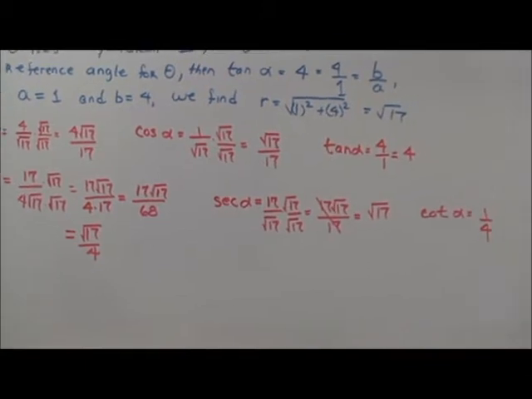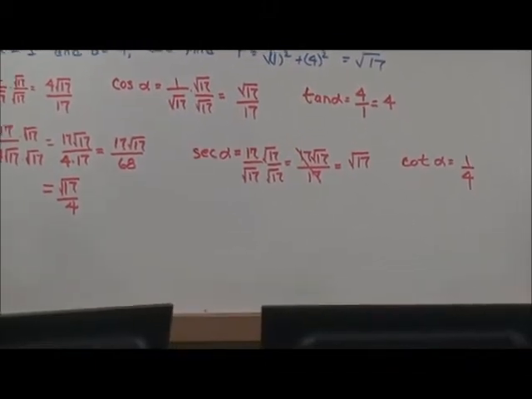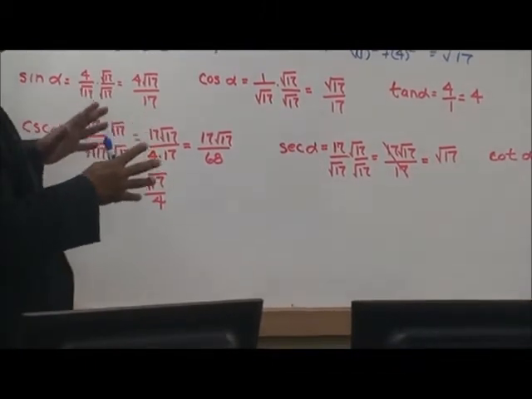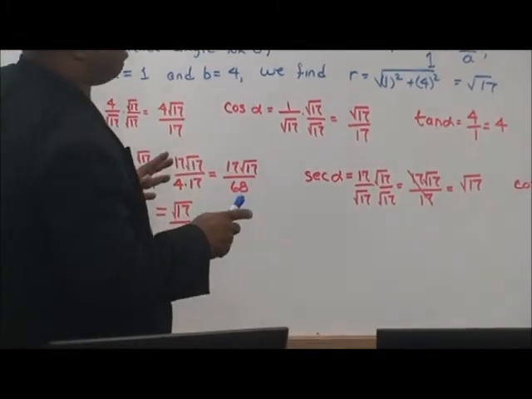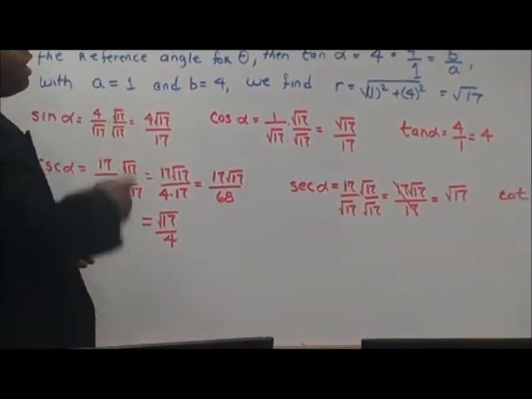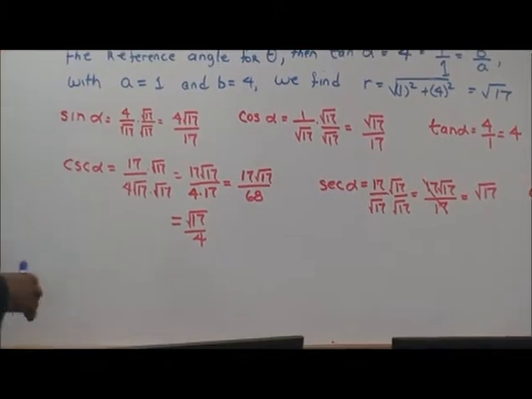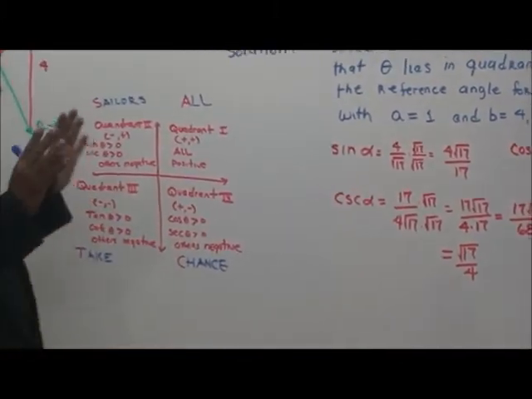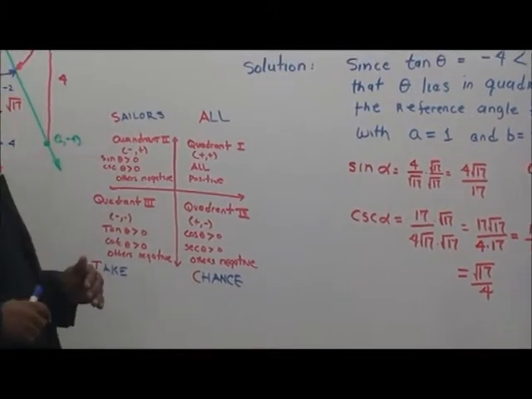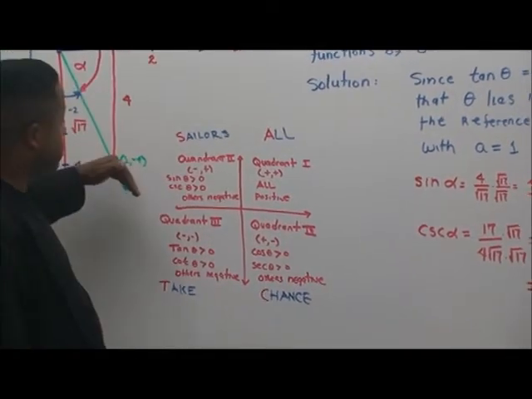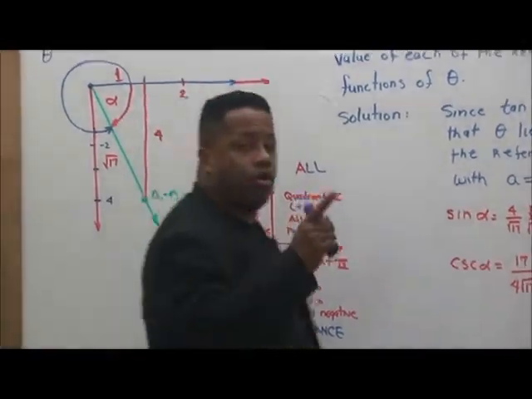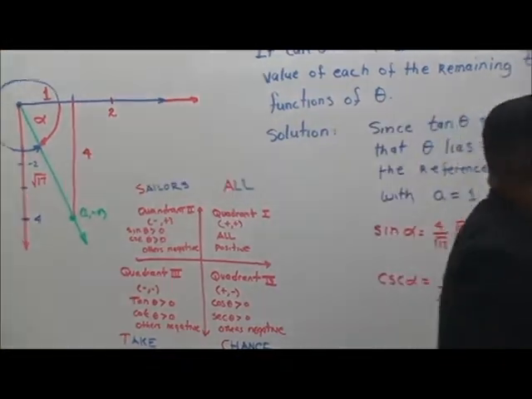With these values, we can make our appropriate adjustments and find out what our theta values are, and whether they would be positive or negative. In this case, this is the fourth quadrant, so we'll know what is positive and what is negative.